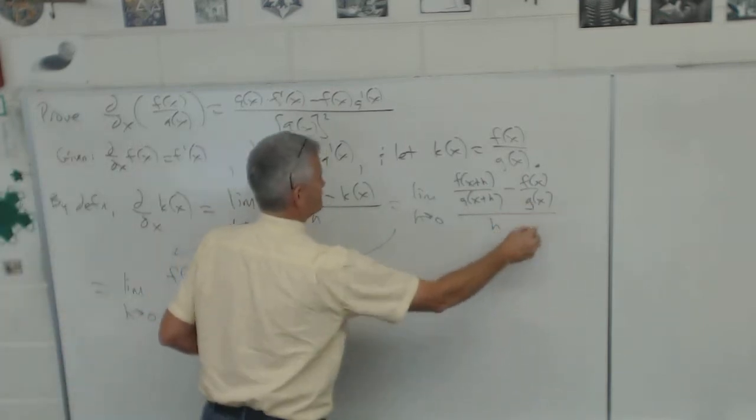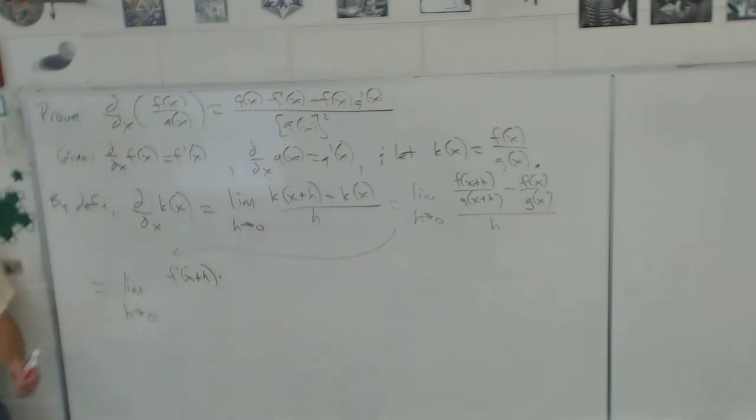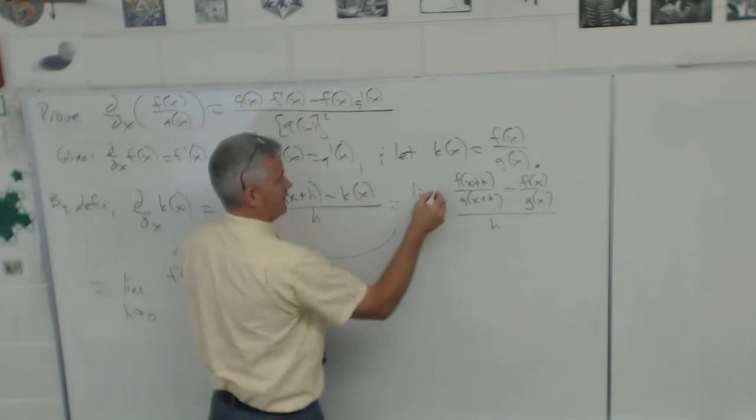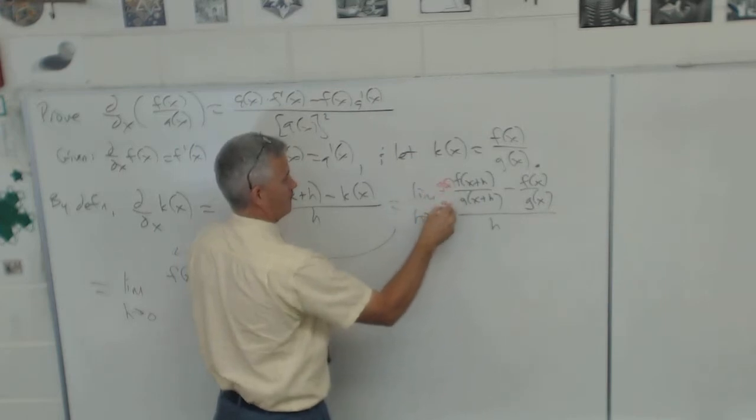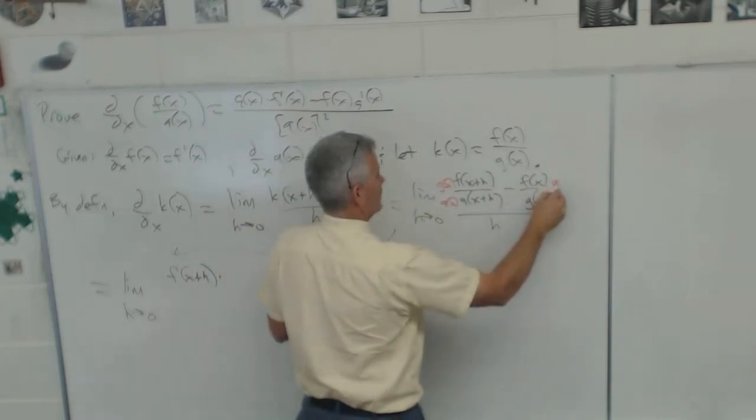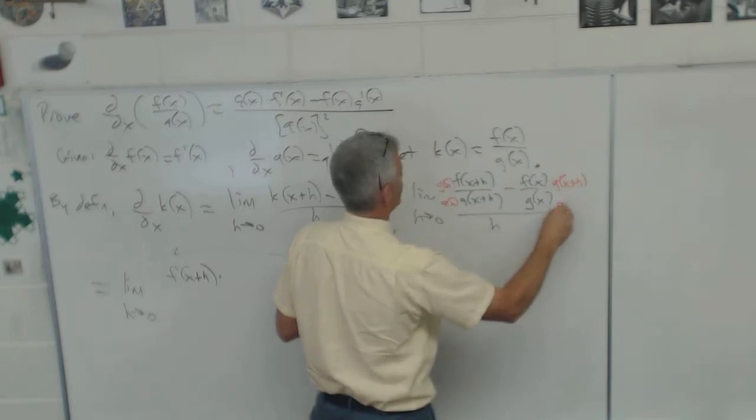What are you doing? What's your approach? Suggestion? Multiply f of x plus h times g of x top and bottom, and common denominator. Now, this isn't the only way to do it.